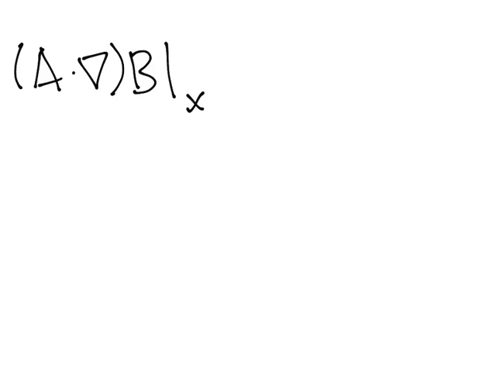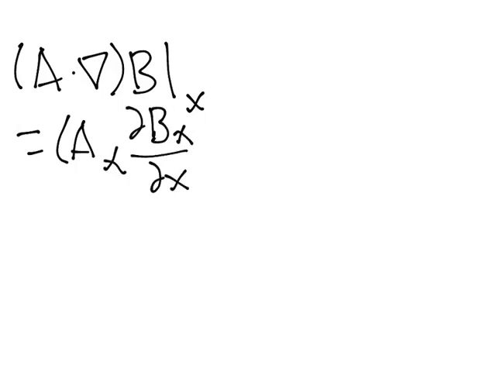So we have A dot grad times B. This is going to be equal to, and it's a fairly simple proof, A_x times the partial of B with respect to x.